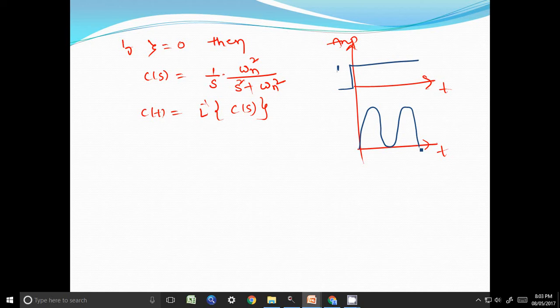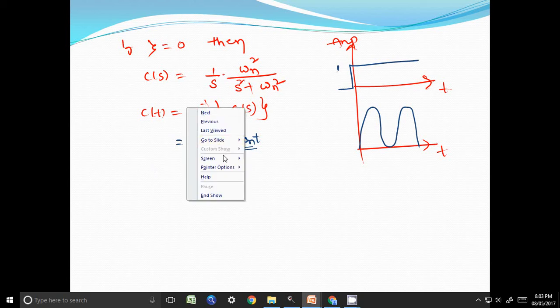The output c(t) is nothing but 1 minus cos(omega_n t). The frequency here is omega_n. So the output is a sinusoidal function; it is oscillating. For the undamped system, that is for zeta equal to 0, if you apply a step input, then the output is oscillatory.